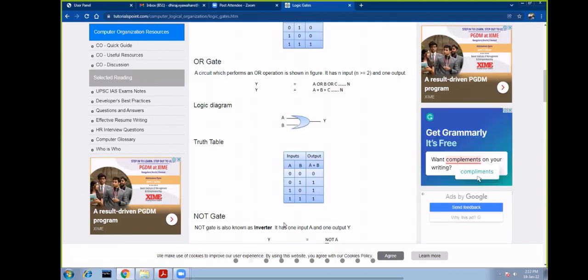What is his percentage? Anybody from the class, tell me what will be the percentage?